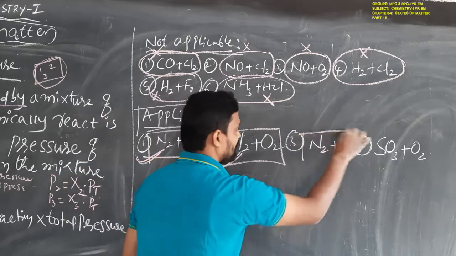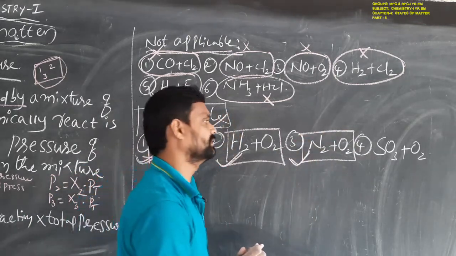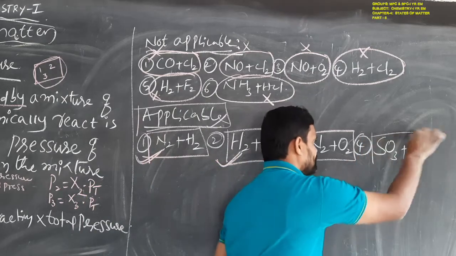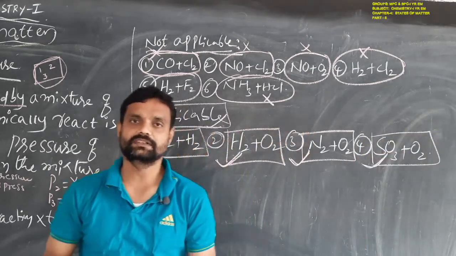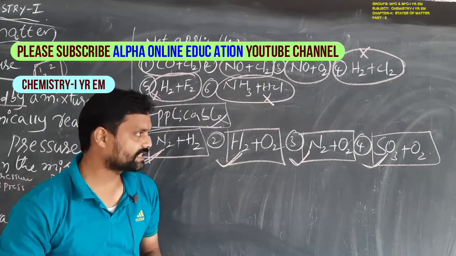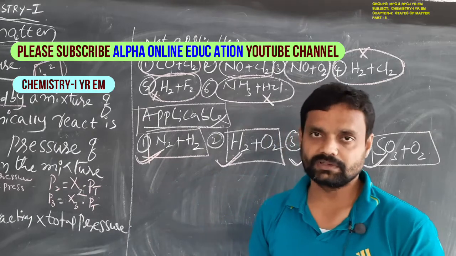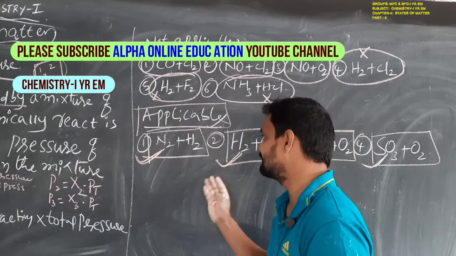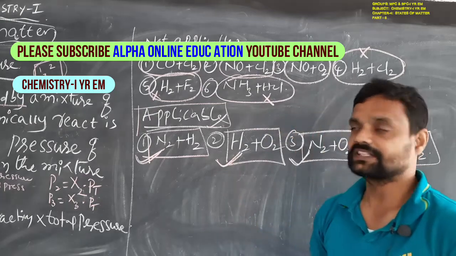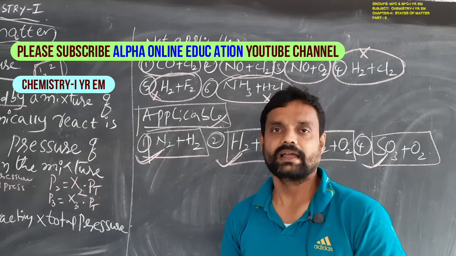Similarly, nitrogen and oxygen gas, and sulfur trioxide and oxygen gas, Dalton's law is applicable. So when these types of gas mixtures are present, Dalton's law is applicable for this type of chemically non-reacting gaseous mixture. So these are the applications of Dalton's law of partial pressure.